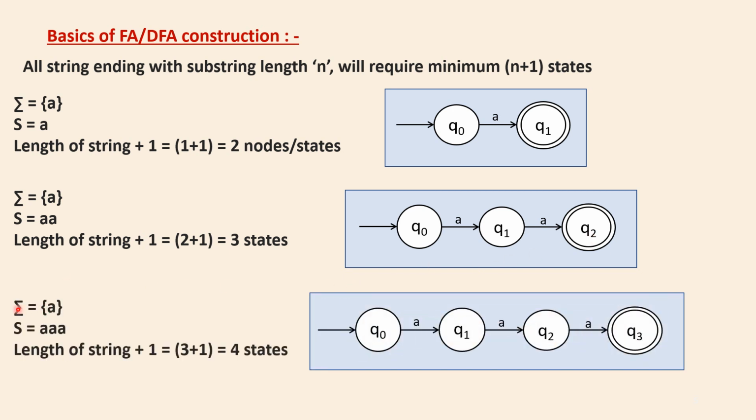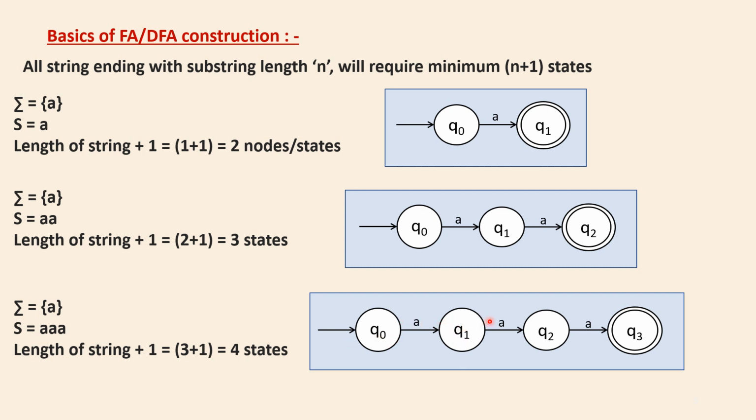Here I have the alphabet to be A and the string to be AAA. That is, the length of the string is 3. The minimum states I will require is n plus 1, that is 3 plus 1. So I need 4 states, that is Q0, Q1, Q2 and Q3. Q0 on the first input symbol A goes to Q1.